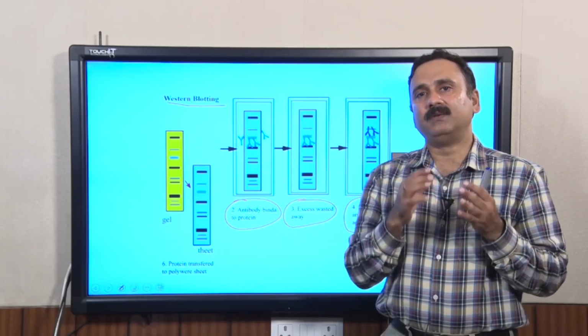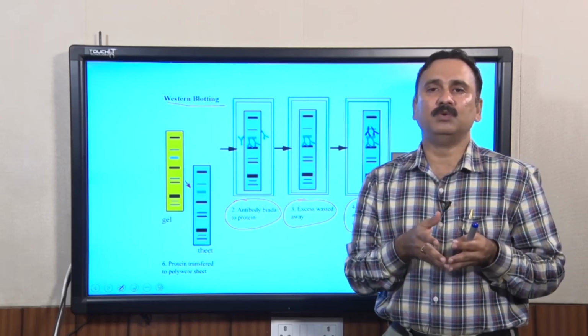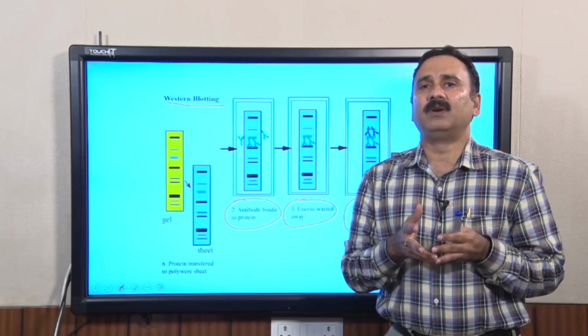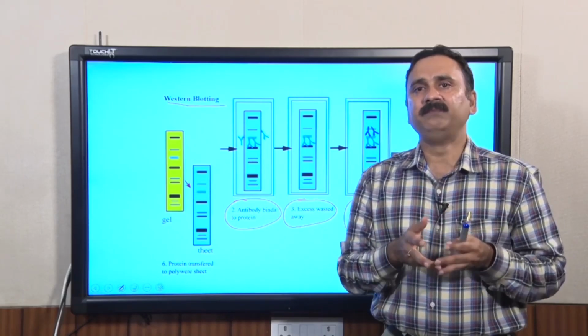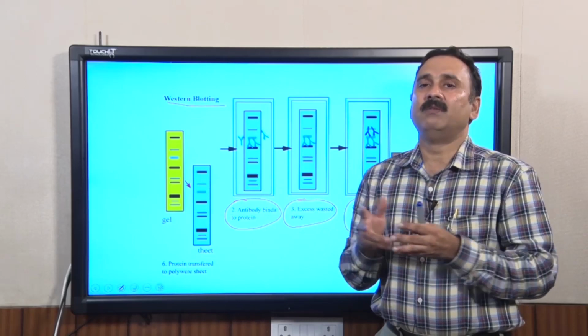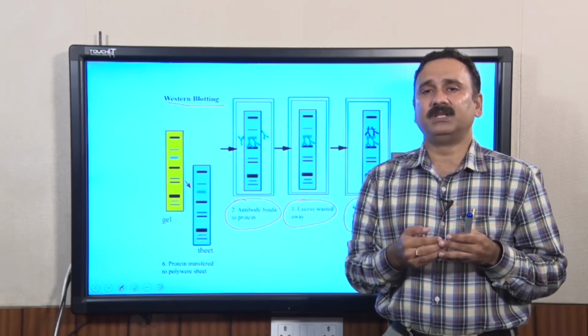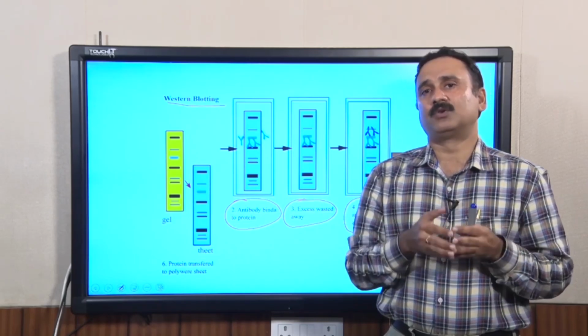I hope this demo is helpful for you to perform these experiments in your laboratory. With this we conclude our lecture here, and in our subsequent lecture we are going to discuss how to characterize the product by using different types of spectroscopy techniques.